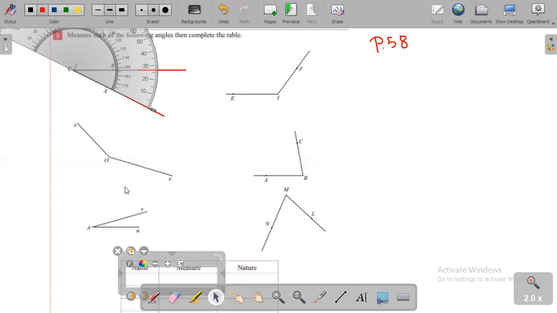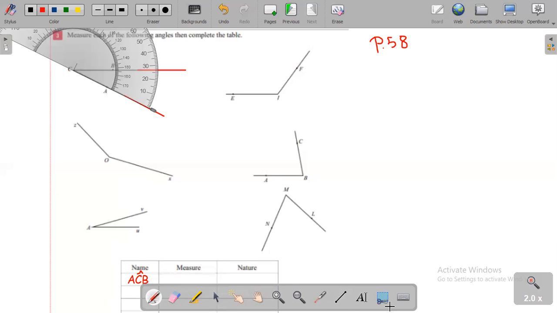So let's write a capital A because we have points, capital C because the vertex is always capital, and capital B. So the name of the angle is ACB, and we put hat.